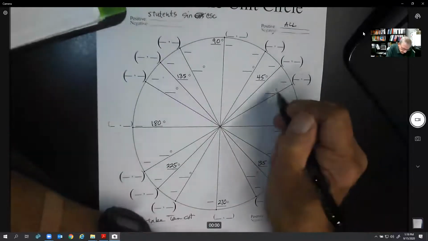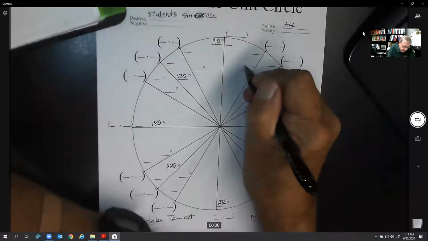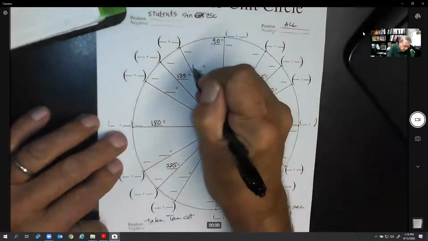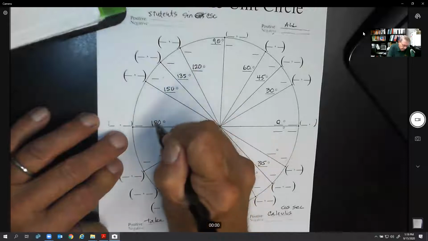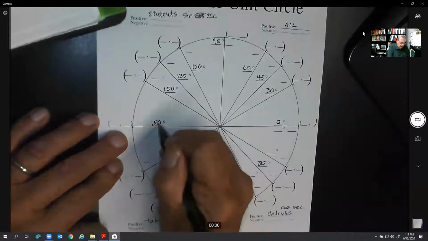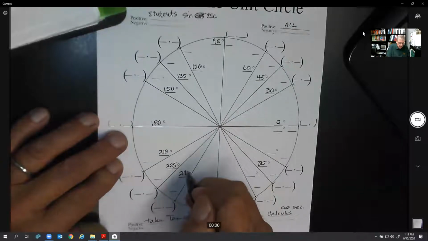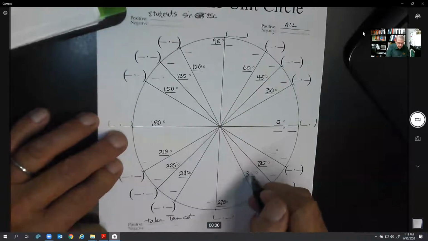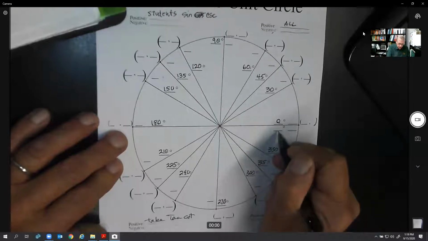Okay, now we're going to add by 30s. This angle right here is 30 degrees. 30 plus 30 is 60. 60 plus 30 is 90. 90 plus 30 is 120. 120 plus 30 is 150. 150 plus 30 is 180. 180 plus 30, 210. 210 plus 30, 240. 240 plus 30, 270. 270 plus 30, 300. 300 plus 30, 330. 330 plus 30 is 360.